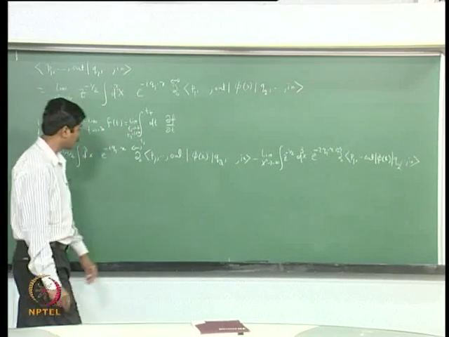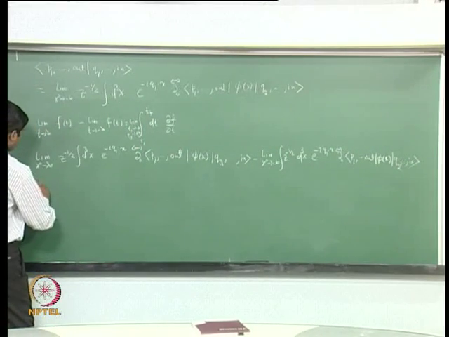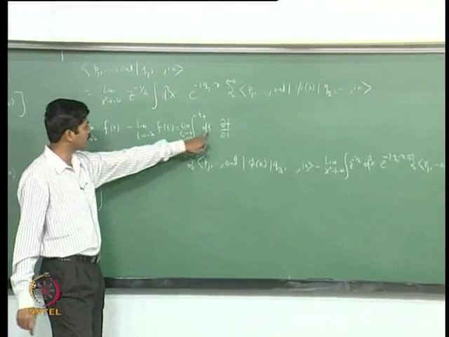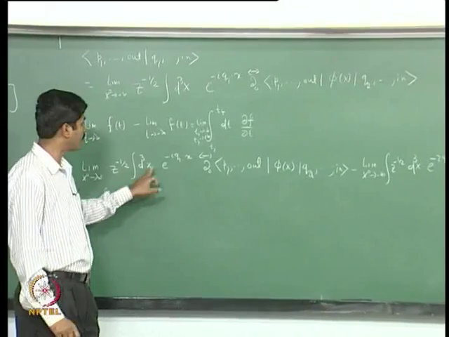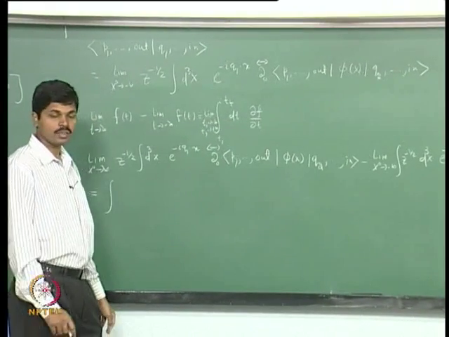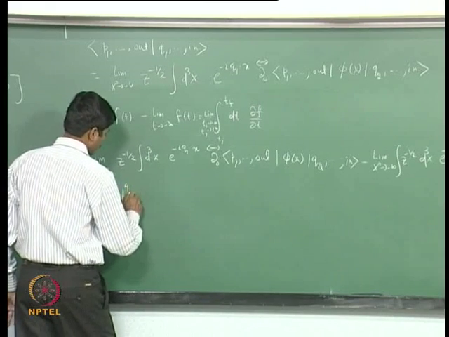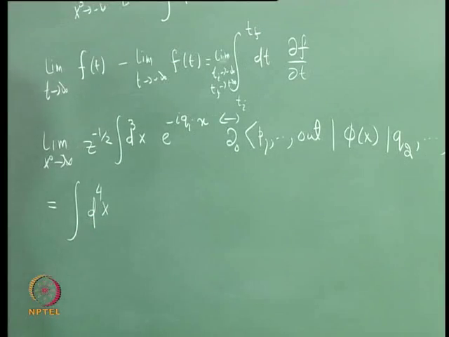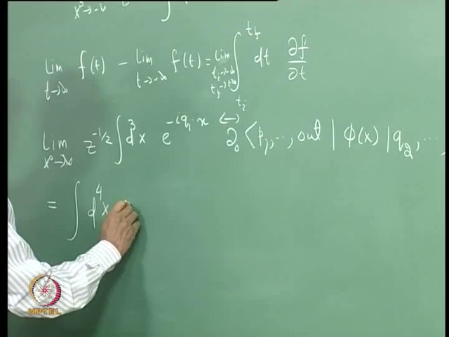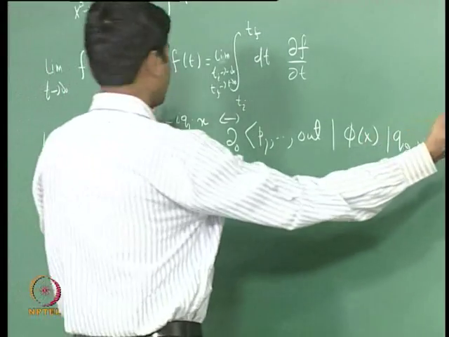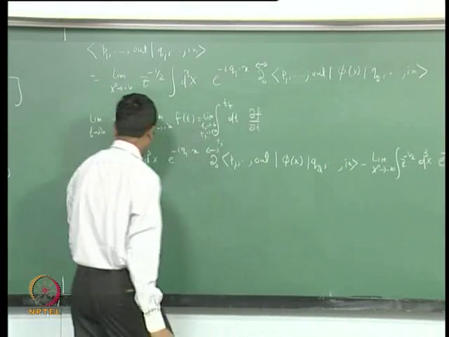Right. This quantity now will be equal to integration dt d cube x, where t ranges from minus infinity to plus infinity, and so this is just integration over d4 x. Del over del t is simply del 0. Now f of t is just equal to this quantity.